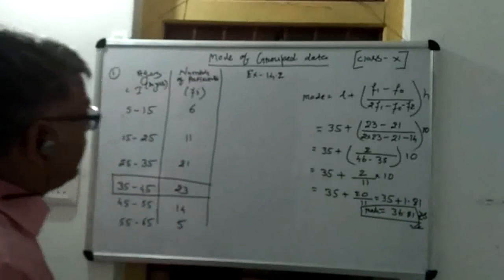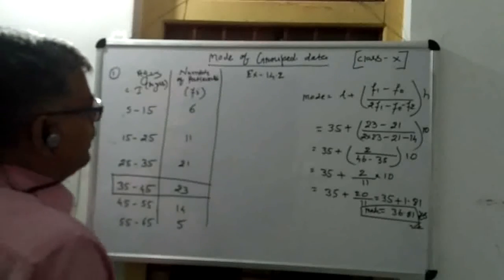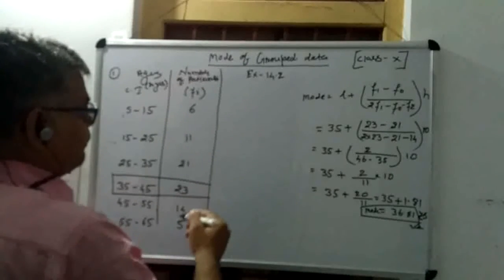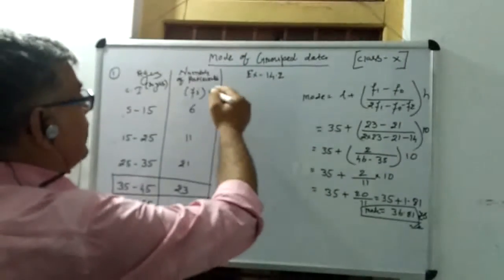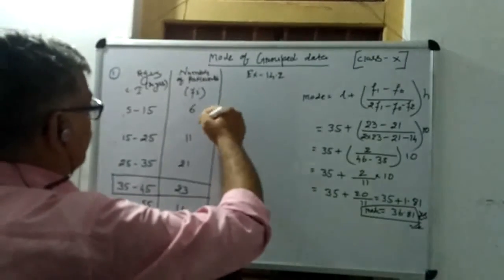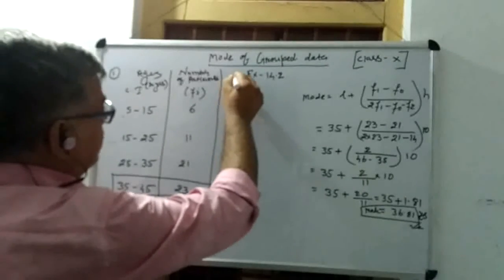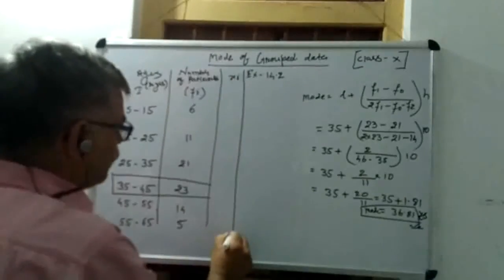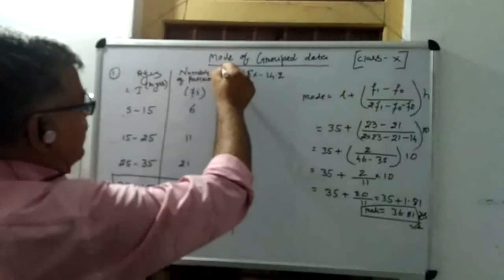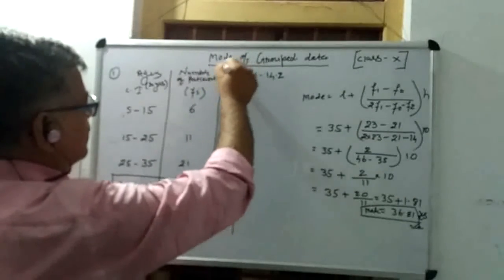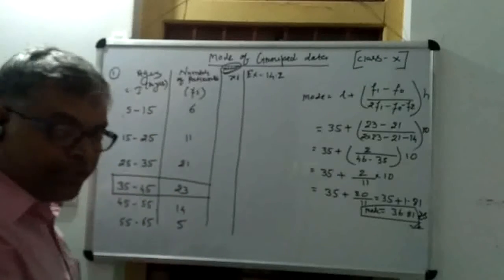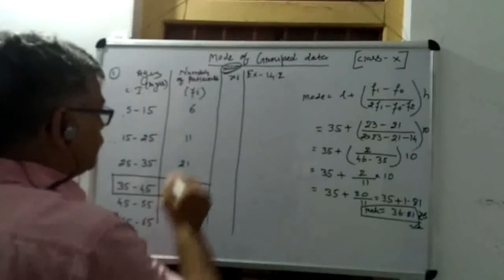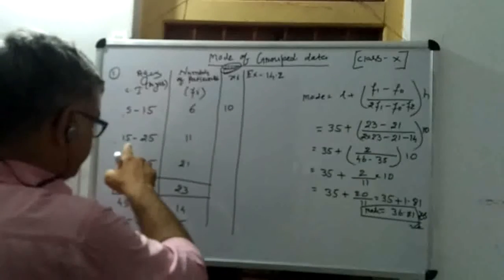Now when you calculate its mean, you proceed in this table. Suppose we need xi to calculate mean. So calculate xi. This is for mean purpose, not for mode purpose. I have written here: 5 plus 15, 20, divided by 2, that will be 10.